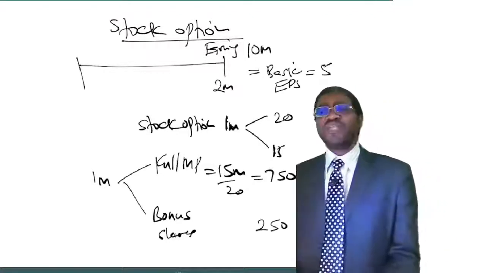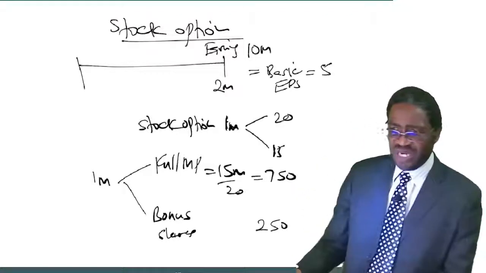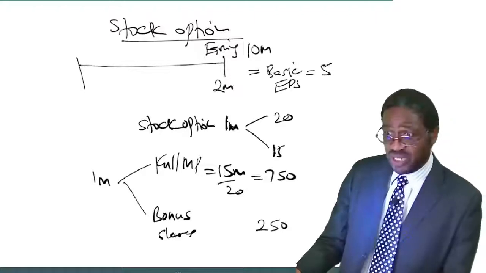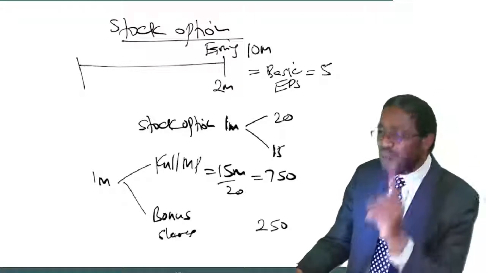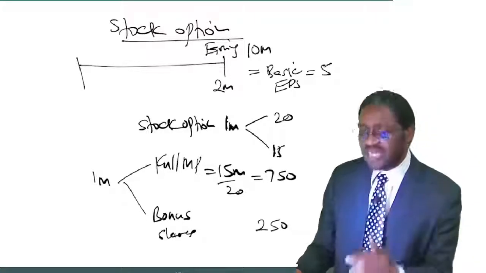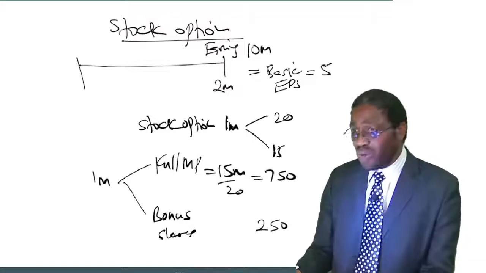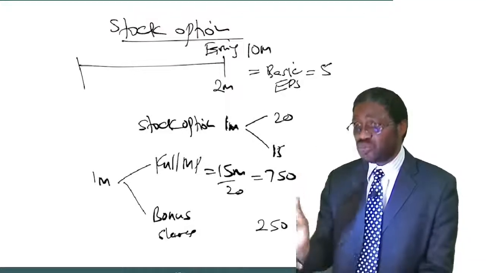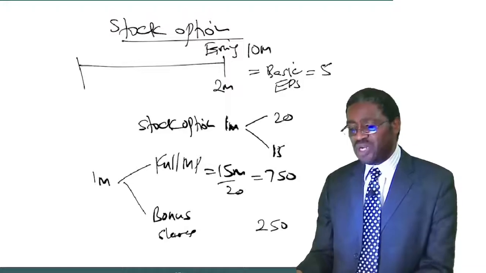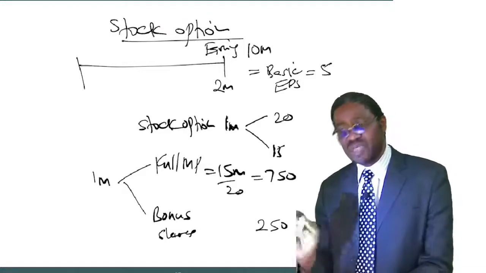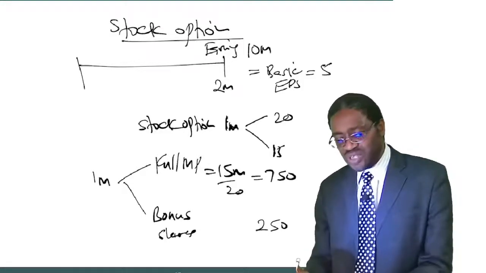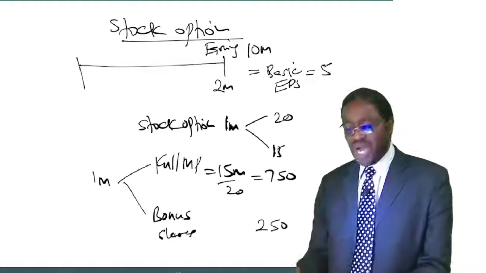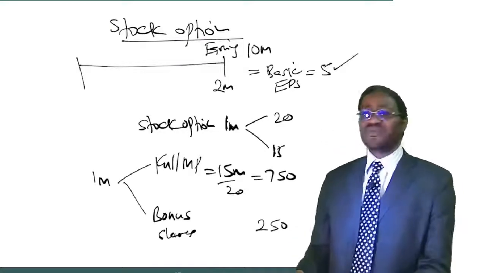So, by the end of the year, if you have a stock option, look at the number of shares you used for basic EPS. When we were computing basic EPS up on top there, we saw our earnings were 10 million. The number of shares were 2 million. So our basic EPS was 5.